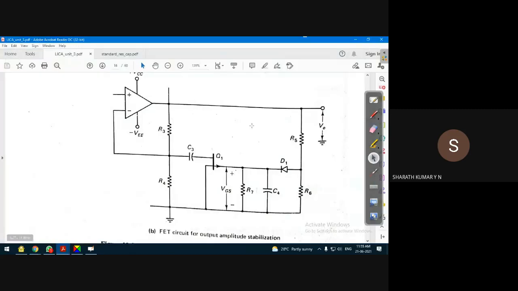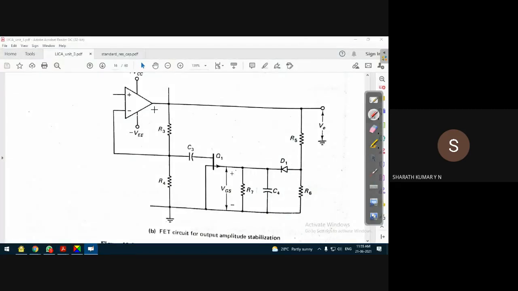So how does this circuit work? One network is R3 and R4, which divides the output voltage and feeds it as an input voltage to the inverting input terminal. Another path for the output current to flow is this network through R5. During the positive cycle, when the output voltage is positive, diode D1 will be forward biased.